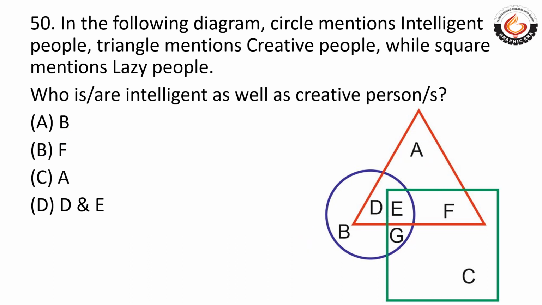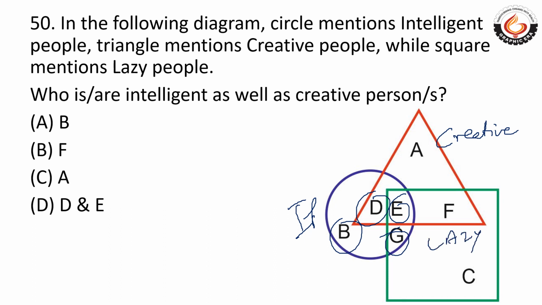Option B, value F. Who is intelligent as well as creative? This circle denoted intelligent people, so option will be amongst A, B, D, E or G. Now they should be creative also. Triangle denoted creative and this denoted lazy.